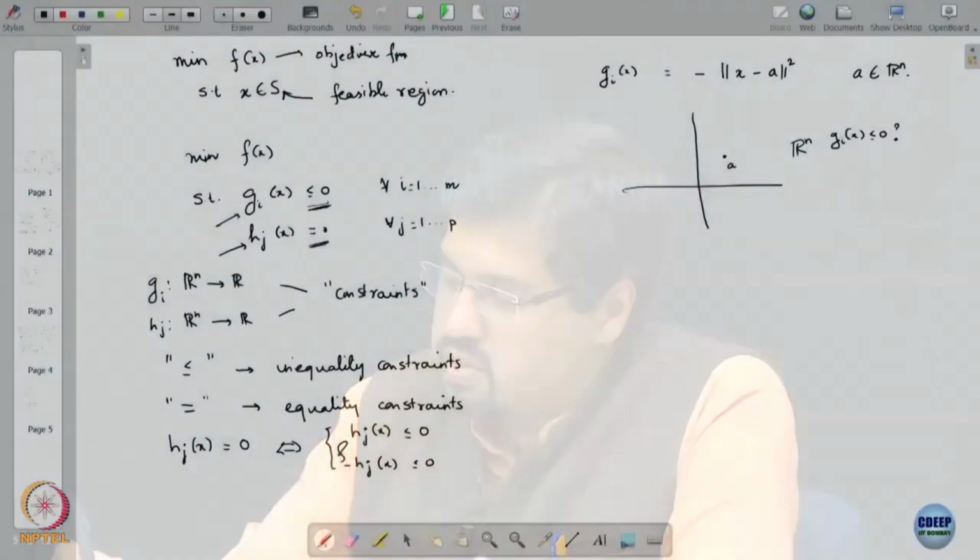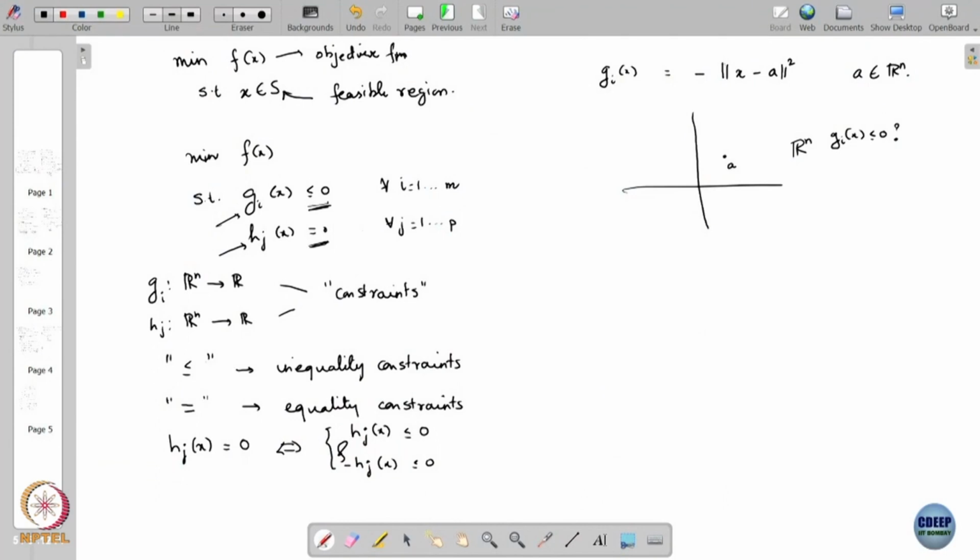We have a constraint like this, say g_i(x) is equal to negative of (x minus some a) the whole square.